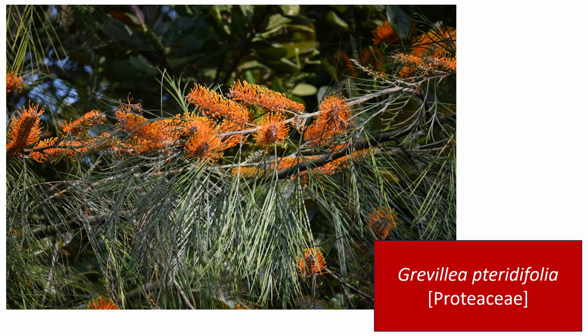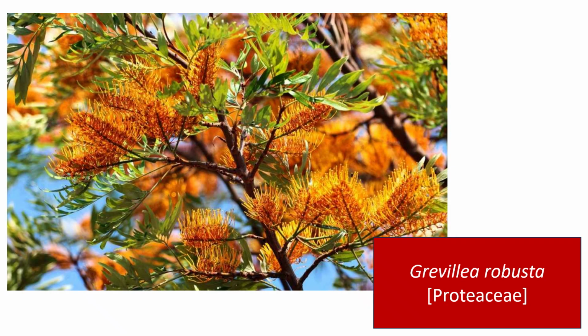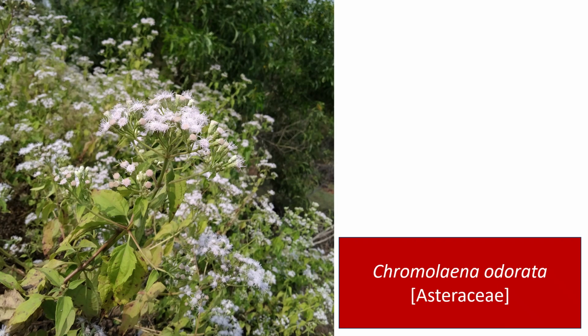This I have seen in a lot of populations. The next species is Grevillea robusta. Again, this is not a native species to India, and we might avoid planting such species.